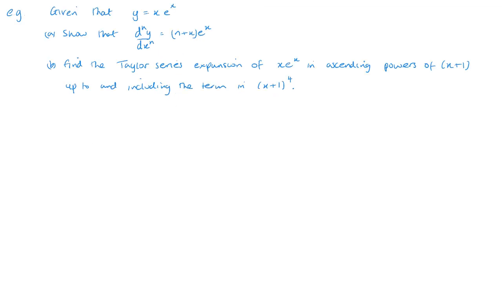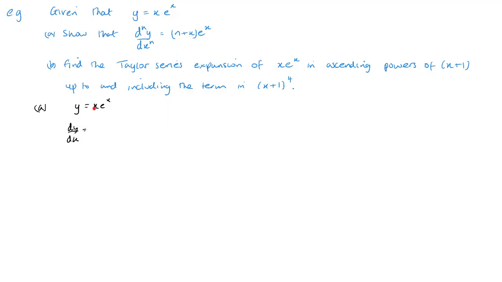So this is a past paper question. The Taylor series expansion is part B, but let's look at part A first of all. So we've got y equals x e to the power x. So let's work out dy by dx.